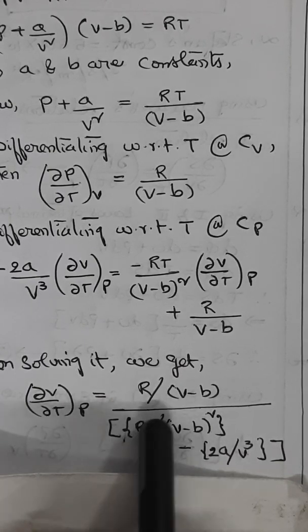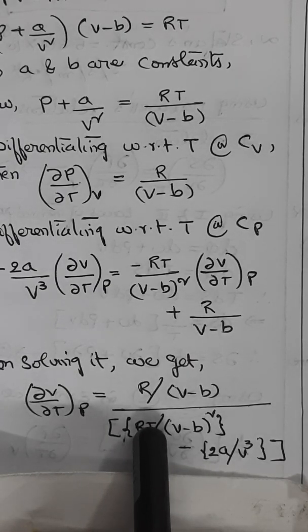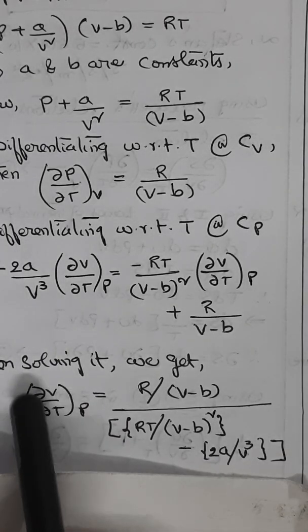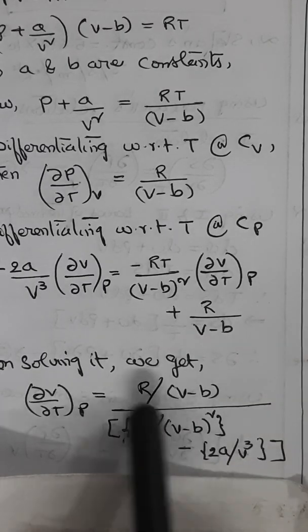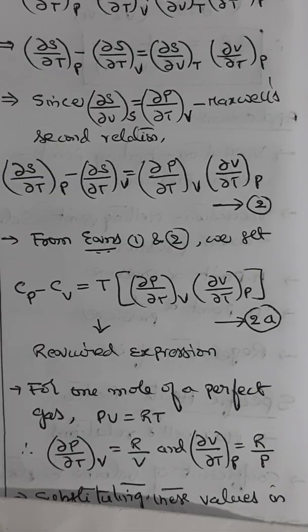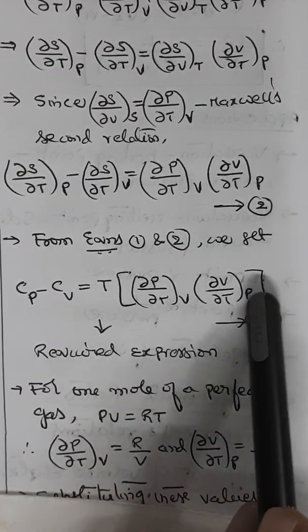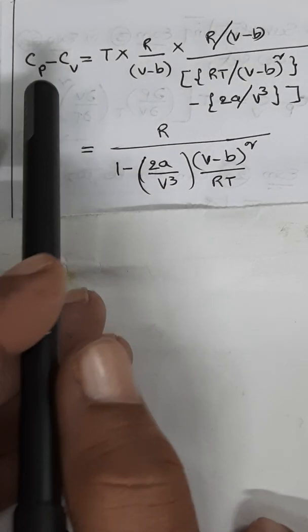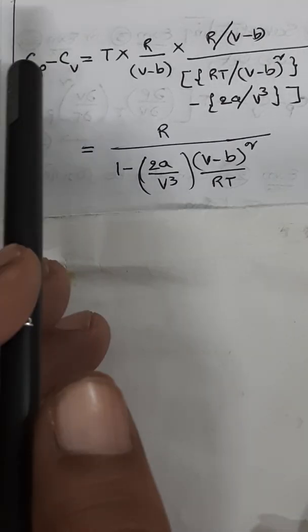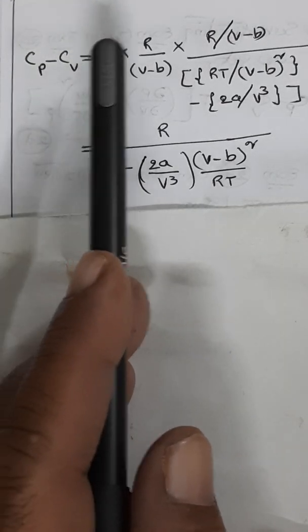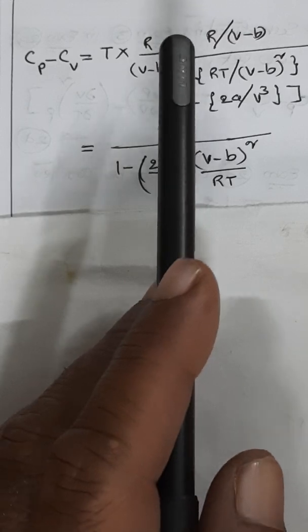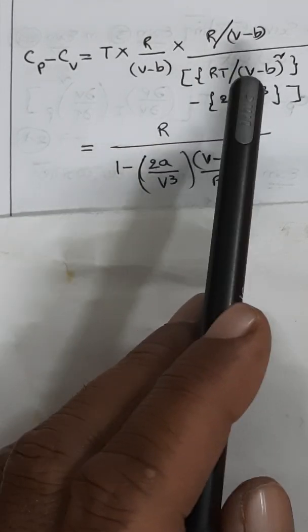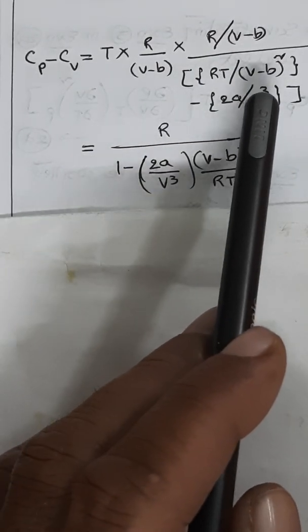Now substituting this value of ∂V/∂T at P in equation 2a, we'll get Cp minus Cv equal to T into R by (V minus B) into R by (V minus B) divided by [RT by (V minus B) whole square minus 2A by V cube].